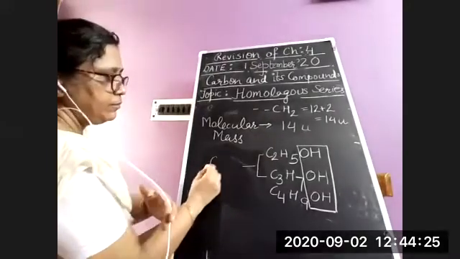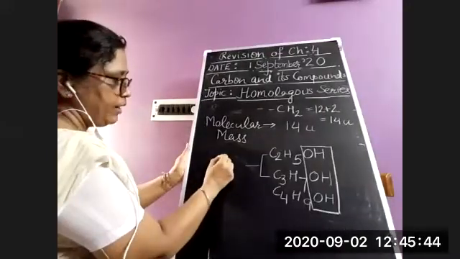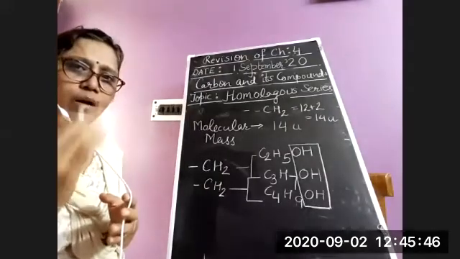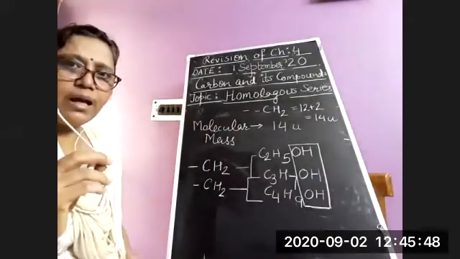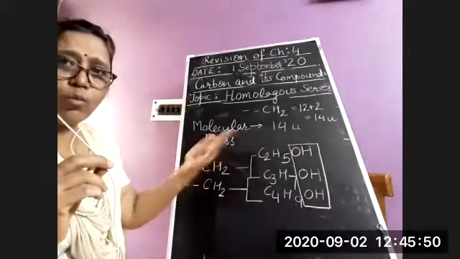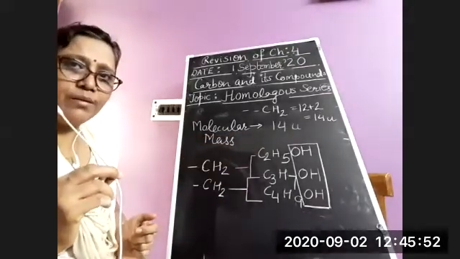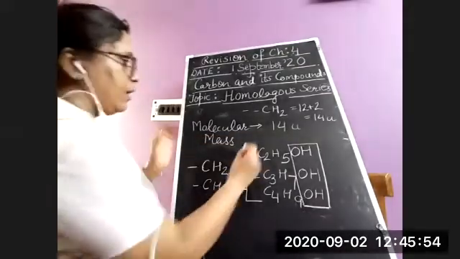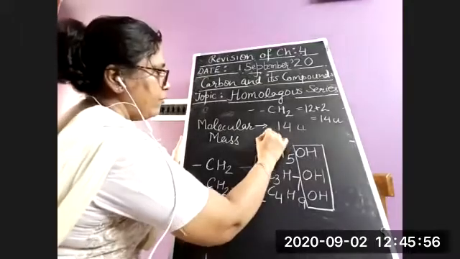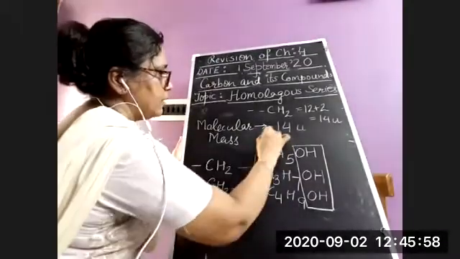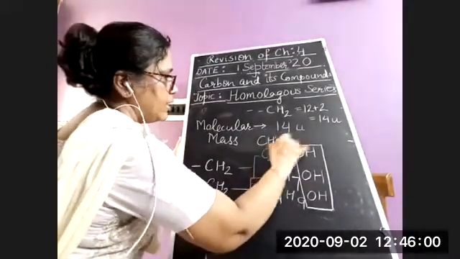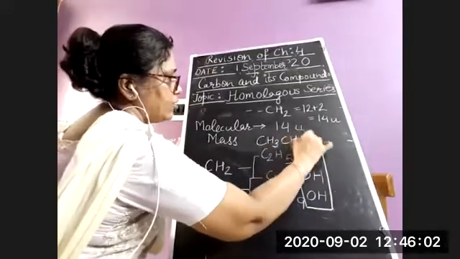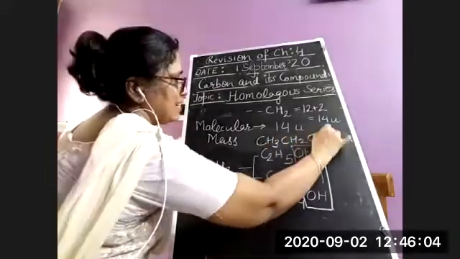One carbon, CH2. Suppose I add one odd group of atoms in this, so what will happen? See, suppose I have given you one formula, CH3CH2CHO.